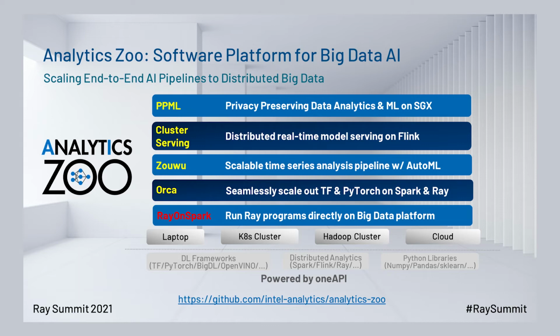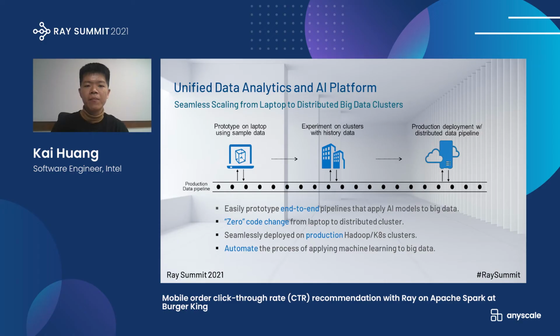Besides, on top of RayOnSpark, we built the project Orca in Analytics Zoo to seamlessly scale out TensorFlow, PyTorch, and MXNet applications based on Spark and Ray. We built project Zouwu based on Ray and RayOnSpark for scalable time series analysis. And besides, Analytics Zoo provides cluster serving functionality for distributed real-time model serving and PPML for privacy-preserving data analytics and machine learning.